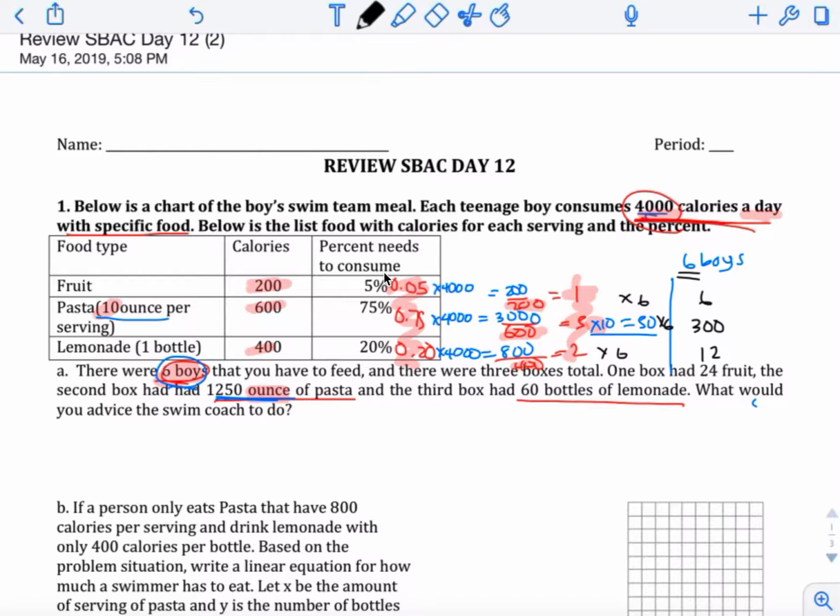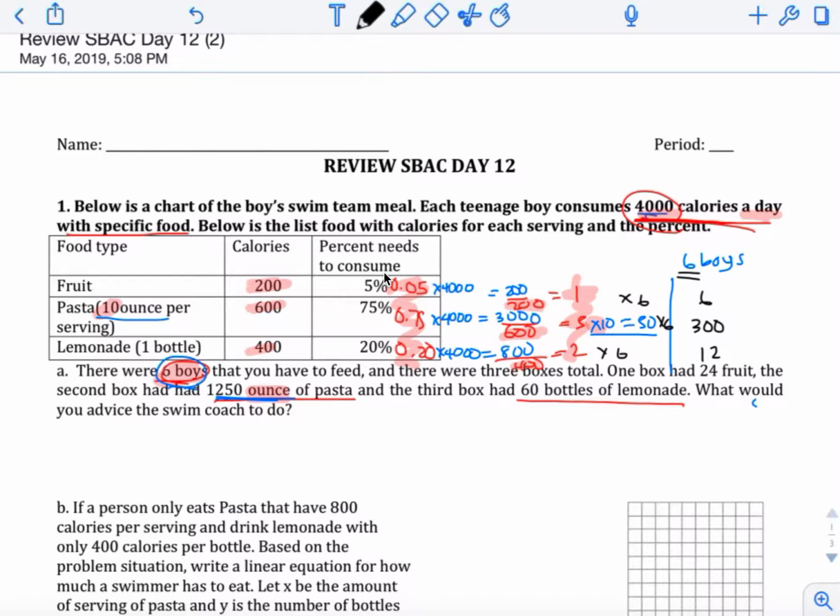You need to come back to that. Change the color. 4,000 calories. You see what I'm marking right here? 4,000 calories a day based on that problem situation. Write a linear equation on how much a swimmer has to eat.